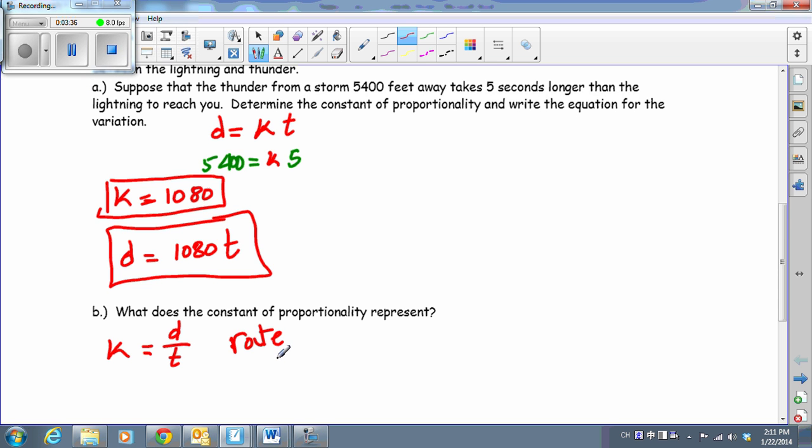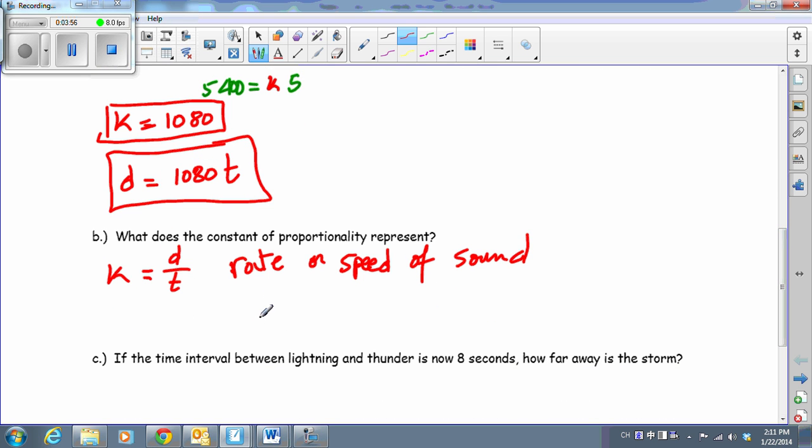I can call that the rate, or also call it the speed of sound. In this specific problem, it is also the speed of sound. The proof is that rate or speed of sound are both distance over time. So this one will be 1080 feet per second.